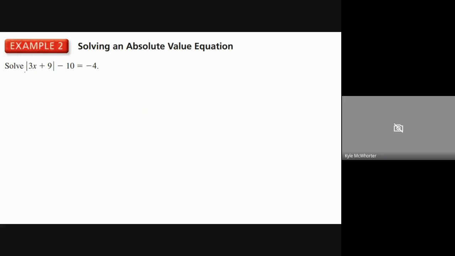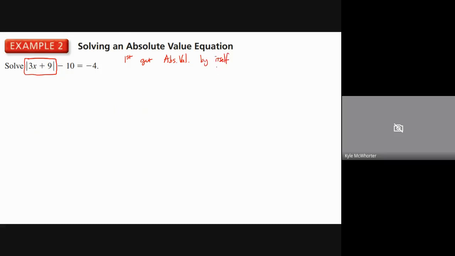We've got absolute value of something -10 equals -4. So when we start off solving absolute value equations that have stuff outside the absolute values, our first goal is to get the absolute value by itself.